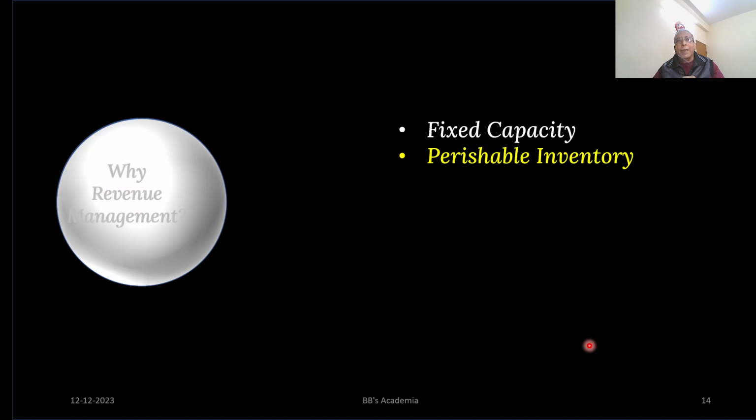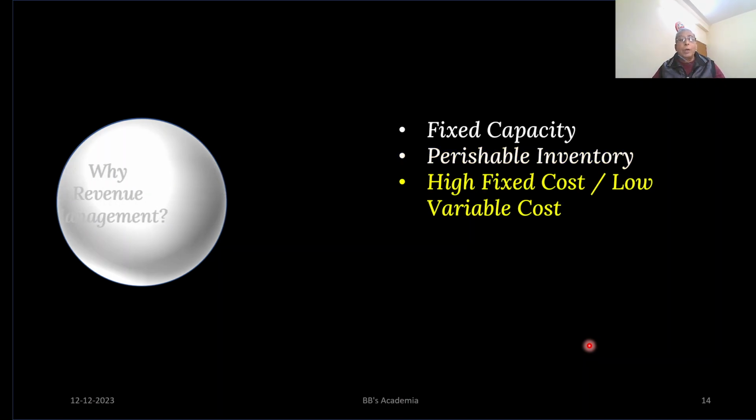But in a hotel, your rooms are very much perishable by nature, because if you cannot sell a room today, you are simply losing the business for the day. Tomorrow is a new day, a new plan. So naturally, it is perishable inventory.